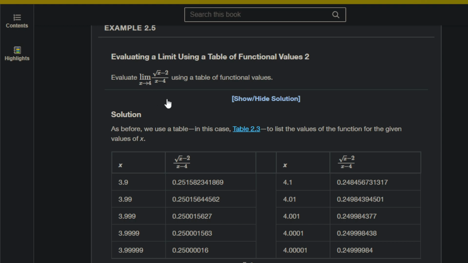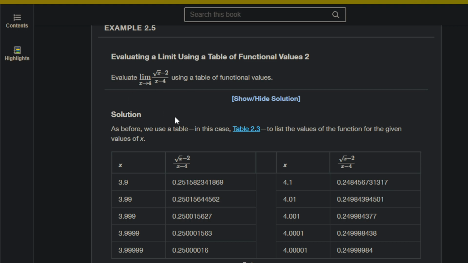This one is looking at the limit as x approaches 4 of the square root of x minus 2 divided by x minus 4. First of all, if we plug in 4, we get 0 over 0 again. The square root of 4 is 2, minus 2 is 0, and on the bottom, 4 minus 4 is 0. Maybe there's some algebra we could do, so we'll look at that when we look at the algebraic techniques for solving limits.